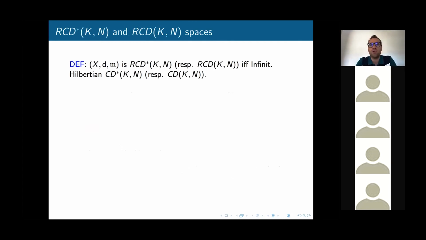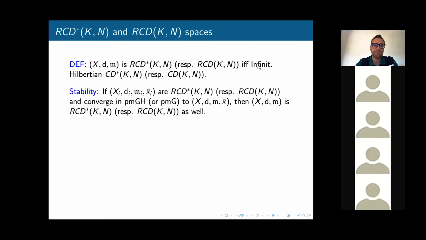So one introduces the RCD(K,infinity) condition as CD(K,infinity) plus infinitesimal Hilbertianity, and it is not surprising that in the finite dimensional setting, one adds infinitesimal Hilbertianity to the CD(K,N) or CD*(K,N) condition, and one obtains RCD*(K,N), which is CD*(K,N) plus infinitesimally Hilbertian, or RCD(K,N), which is CD(K,N) plus infinitesimally Hilbertian.